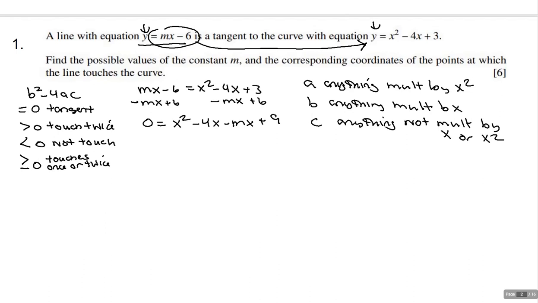Now, what some people do, and it's not a big deal, but if you take a look here, if I take these two and factor out the x, hopefully you'd be able to see that this is going to end up being negative 4 minus m times x. And we'll keep the rest of it the same.